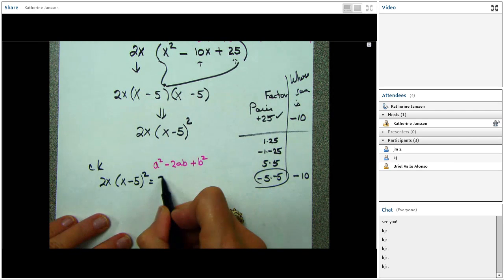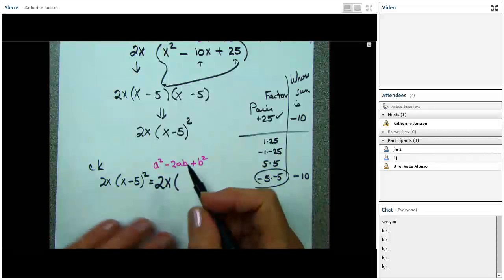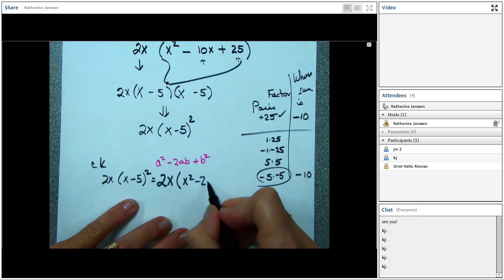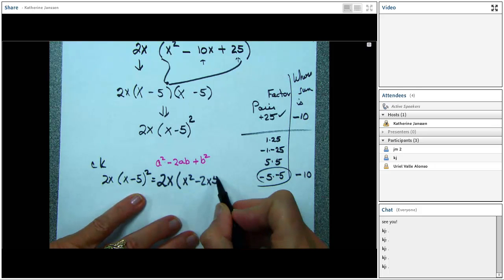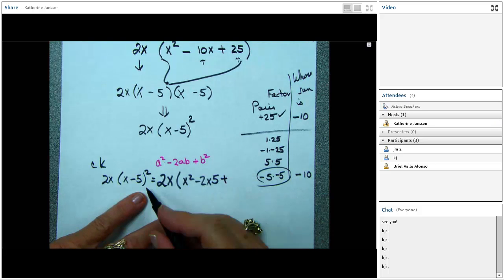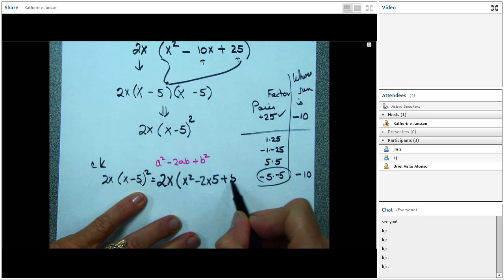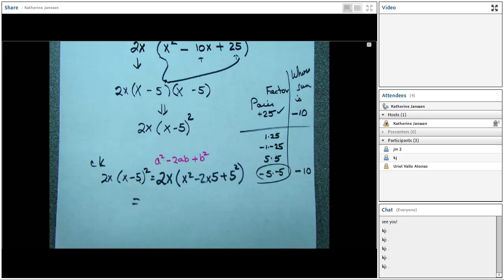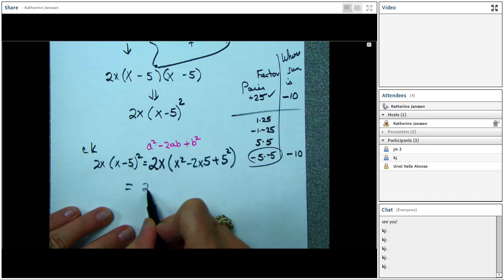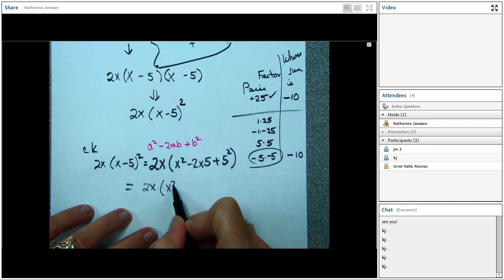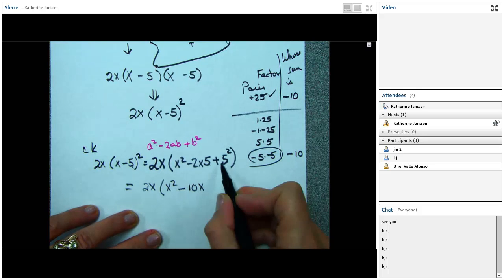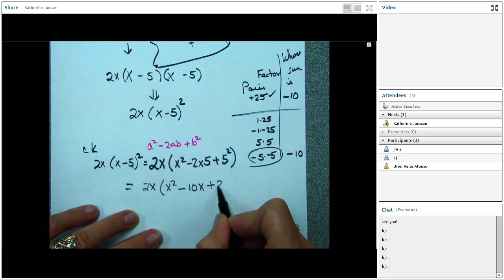So I have my greatest common factor times the first term squared, which is x squared, minus 2 times the first term, which is x, times the last term, 5, and I'm going to square the last term, which is 5 squared. That's our special product rules for the square of a sum and the square of a difference. 2x times x squared minus 10x plus 25.